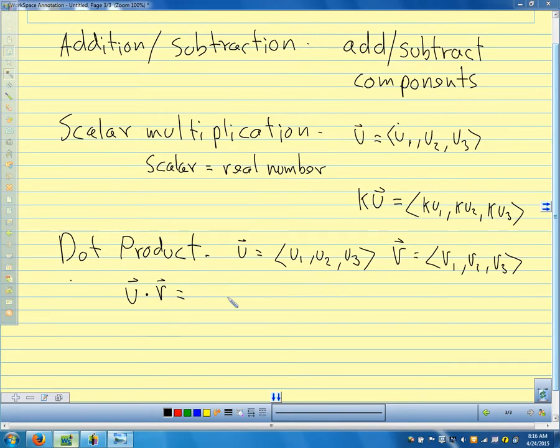Multiply the components and add them together. u1 v1, so multiply the x components, plus u2 v2, multiply the y components, plus u3 v3. And we add all those together. So that was our dot product. One way to multiply vectors. We'll learn another way next time.